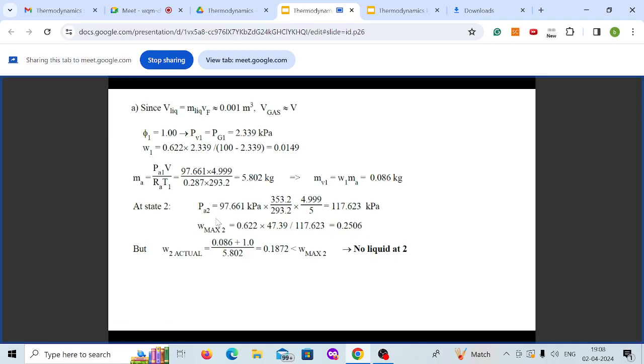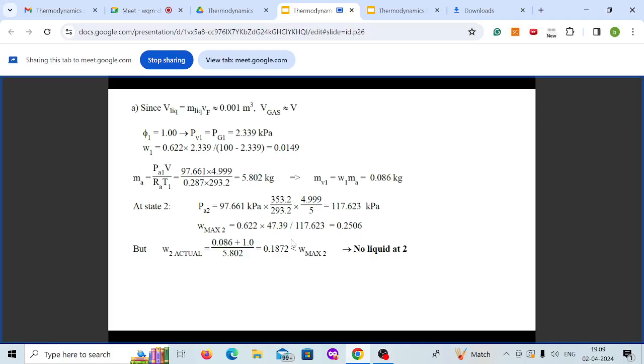W max says that at saturation condition, or 100% relative humidity, the specific humidity corresponding to that is 0.2506. So if the 1 kg of water is going into air, and if it exceeds 0.2506, it cannot take more than 0.2506, so there will be some amount of water left.